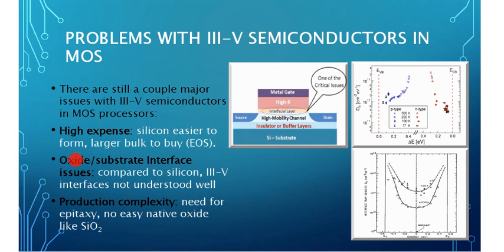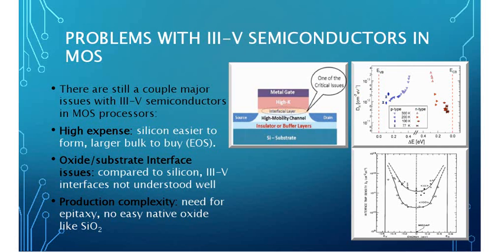In addition, you have issues with the oxide substrate interface, which is right here, the interfacial layer. You have this high mobility channel that doesn't want to interface well with this high-k layer. And what we use to represent this, like I said before, is the Dit, or density of interface states, or density of interface traps, in fact.